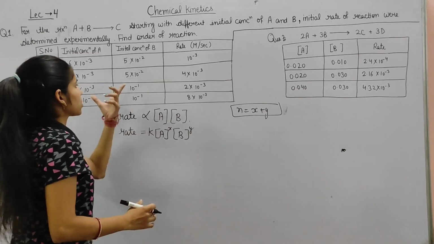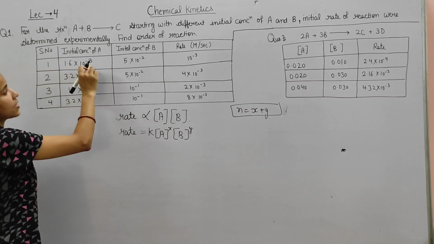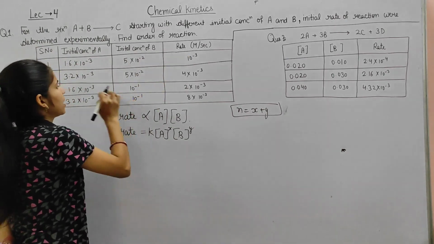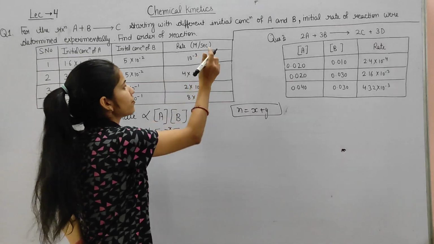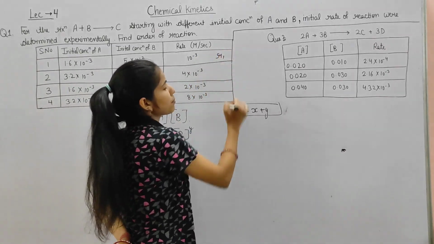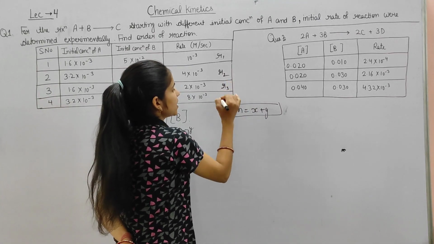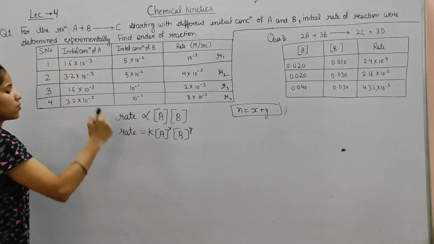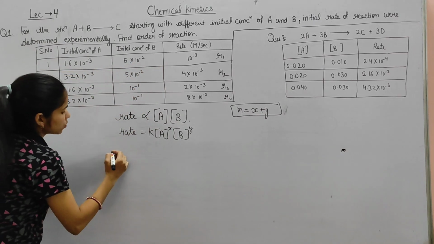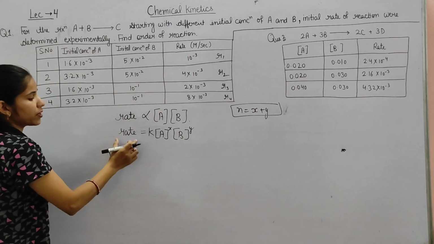Let's solve this question. How to solve this question? Firstly we assume that this is our first equation, this is second, this is third, this is fourth. So according to the first equation, this is rate number 1, this is rate number 2, this is rate number 3, this is rate number 4. So from this first equation, the rate is 10 to the power minus 3.